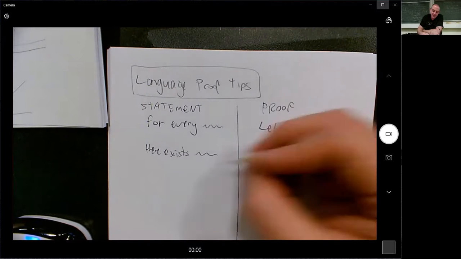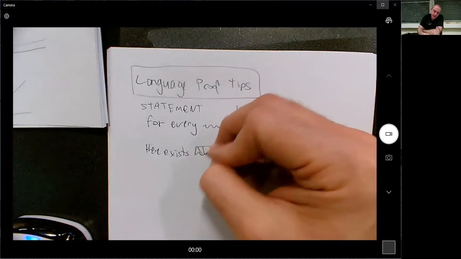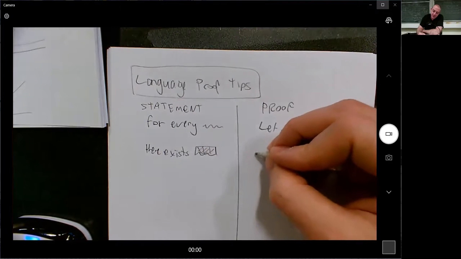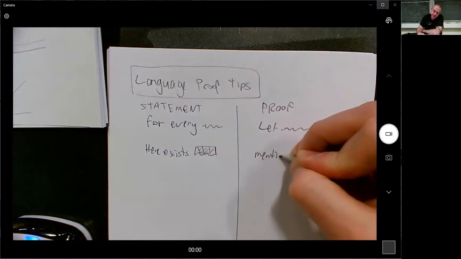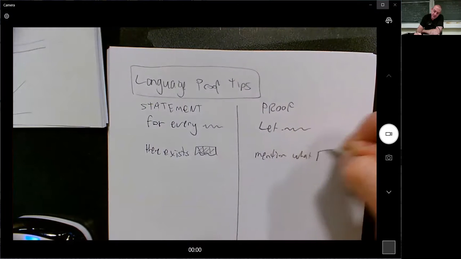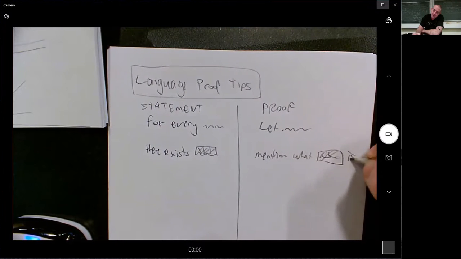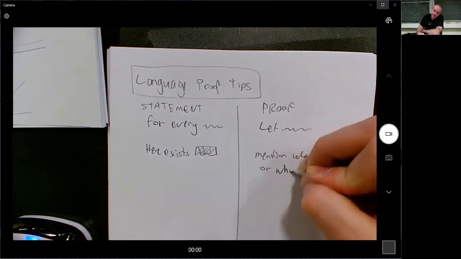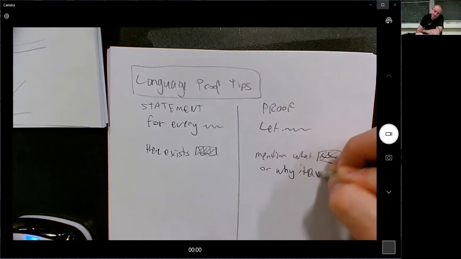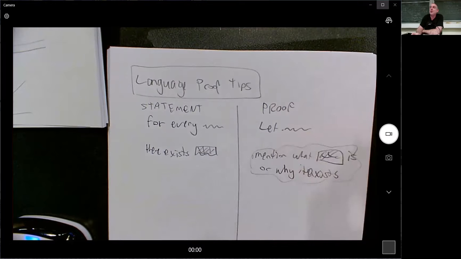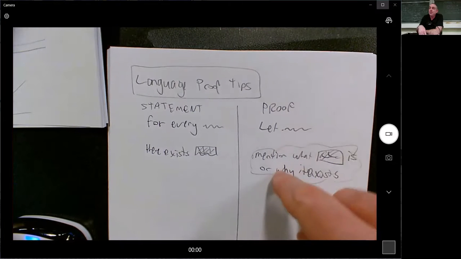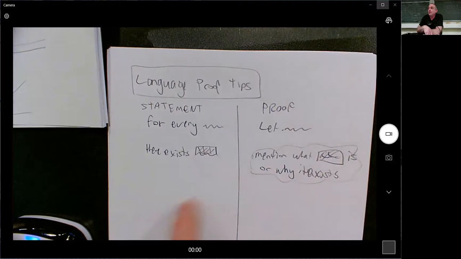Like, there exists this thing, and that just means that somewhere in the proof you have to mention what the thing is or why it exists. So there's no particular words for that, but you just know it has to happen. And it has to happen before the thing that this thing does.